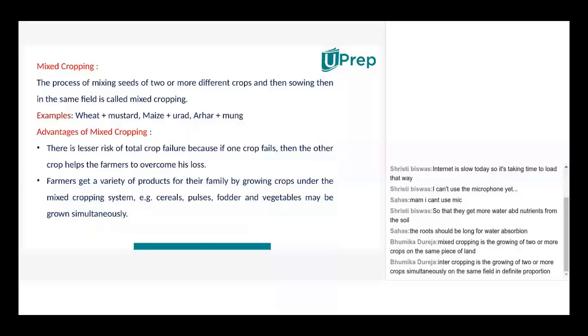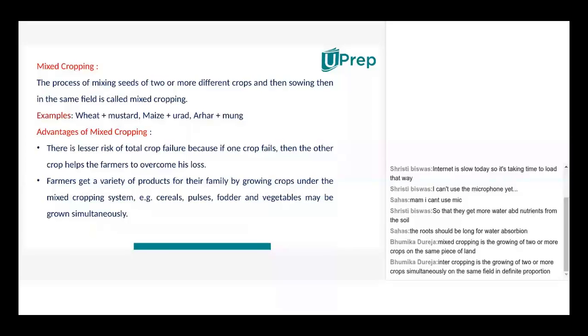And they have to be of the same category, as in if you're growing rabi crops, then the other crop should also be rabi crops only. You cannot mix up rabi with some kharif crop. Correct? So here, there are quite a few advantages because there is lesser risk of total crop failure. Because if one crop fails, then the other crop helps the farmers to overcome his loss.